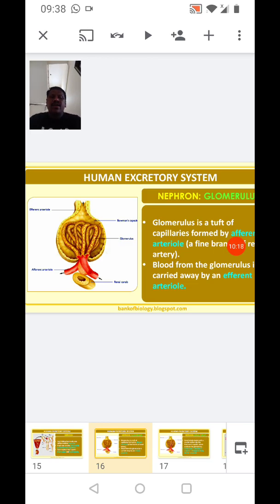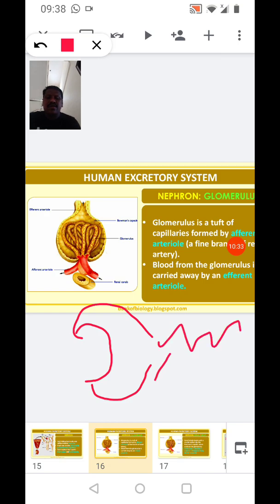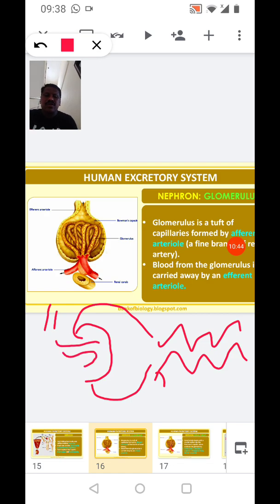Okay, here I would like to tell one more thing. As I told, I will try to explain what this is. This is the Bowman's capsule. What is this? This is the coiled renal tubule. Okay, and here this is the afferent arteriole which gives branches of blood vessels, and from this one blood vessel will come out which is known as the efferent renal arteriole, right?